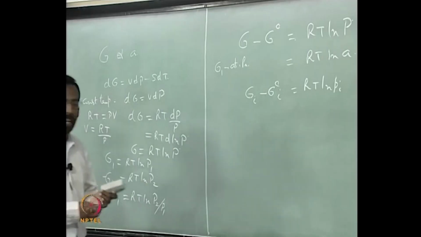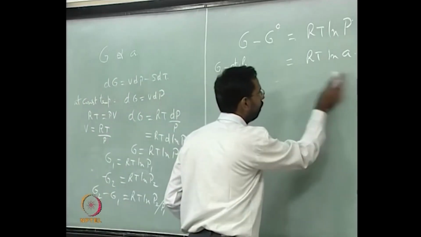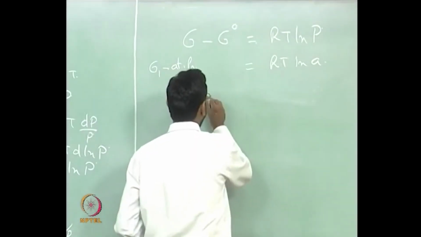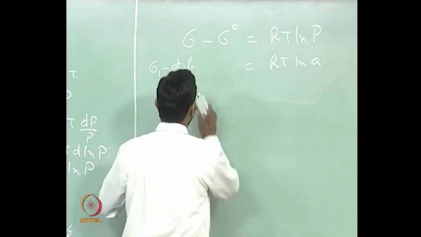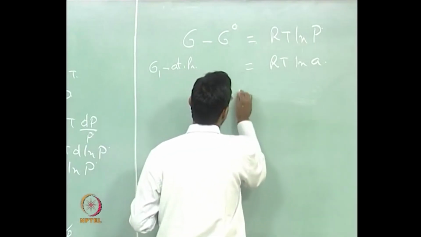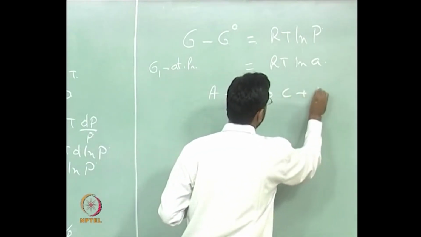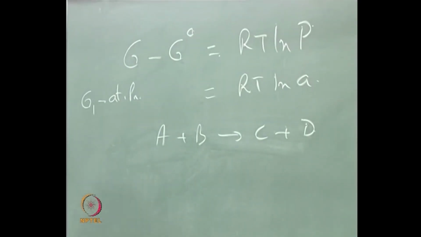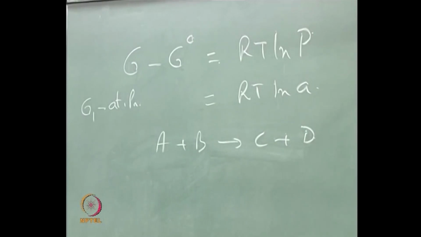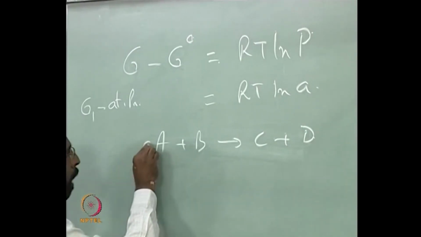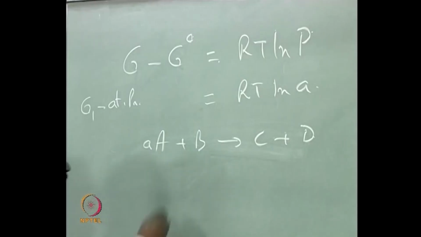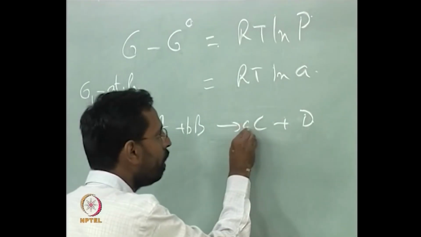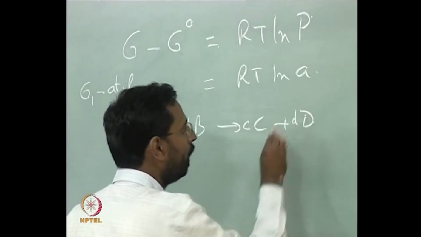Now let us look at a reaction where let us say A is reacting with B and giving you C plus D, and here to make it more specific, we will call it as some a moles of A is reacting with b moles of B to give you c moles of C and d moles of D.